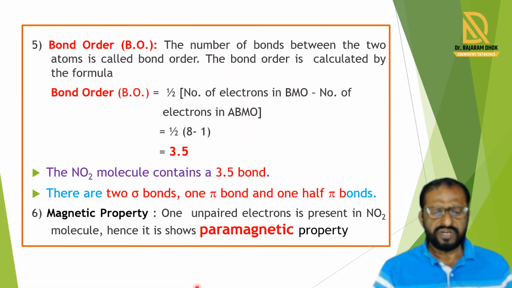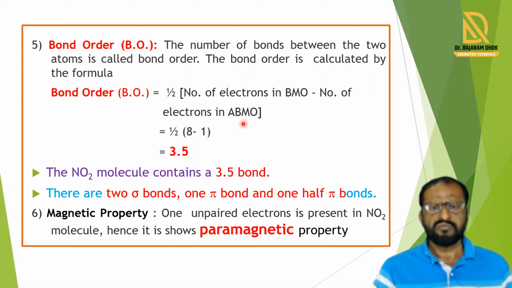We can calculate the bond order in the NO2 molecule. The bond order means the number of bonds between the nitrogen and oxygen atoms. This bond order is calculated by a simple formula: bond order is equal to 1 half into the number of electrons in bonding molecular orbitals minus the number of electrons in anti-bonding molecular orbitals.